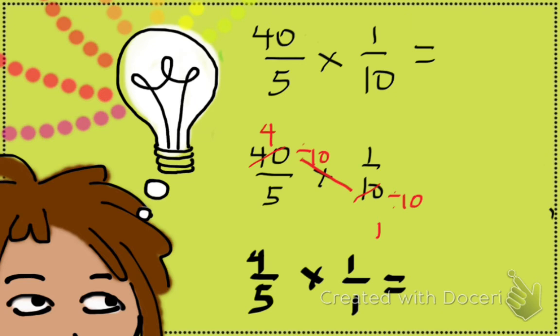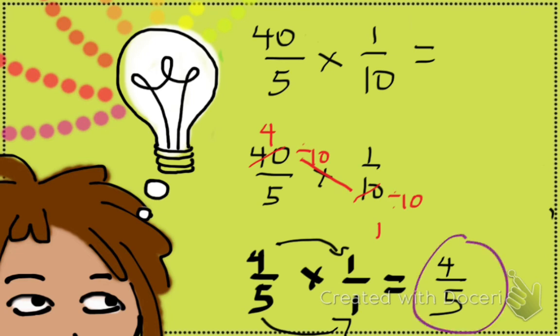So 4 times 1 equals 4, and multiply the denominators. So 5 times 1 equals 5. And we have our final answer, 4/5. So it equals 4/5, and that's our final answer.